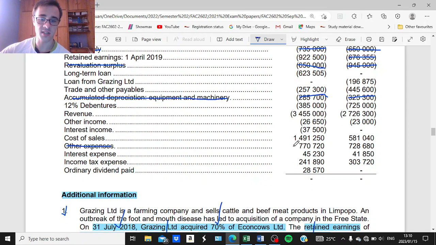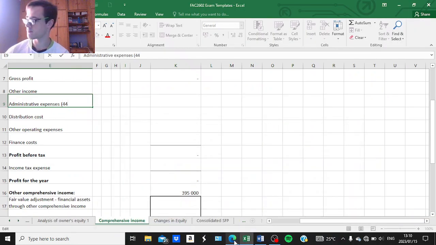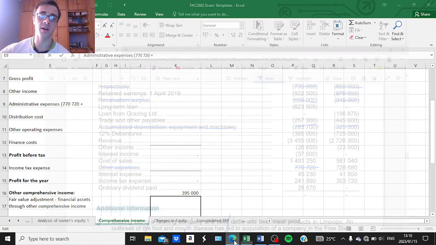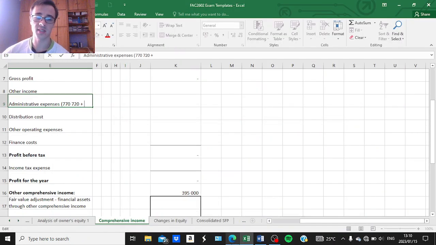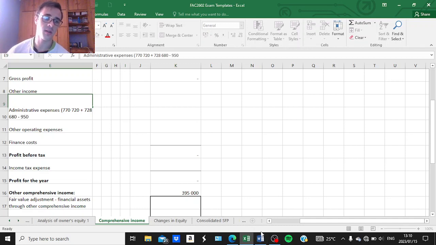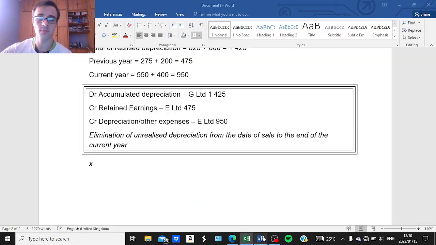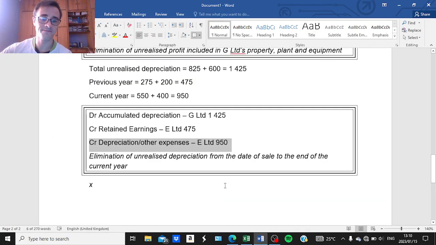So other expenses, 770720, plus the amount for the subsidiary, which is 728680. And because we are crediting other expenses, we will show this as a negative adjustment, 950, according to this journal entry.